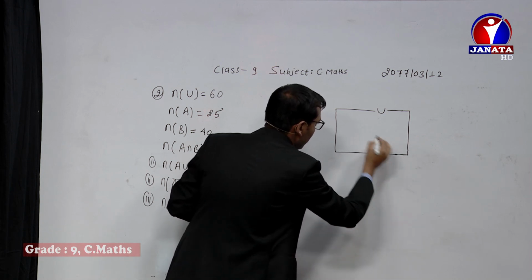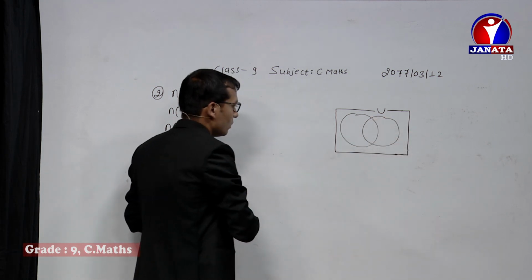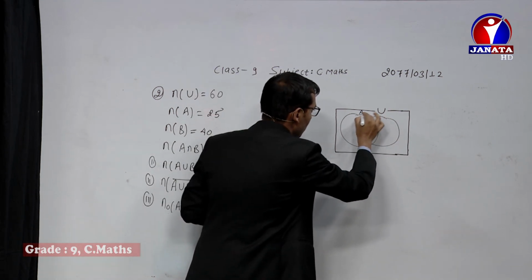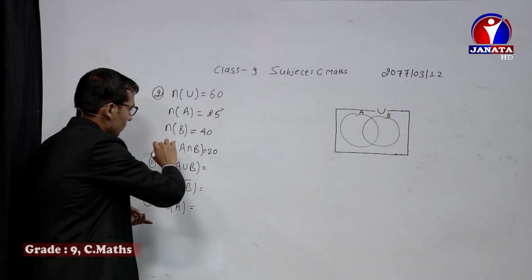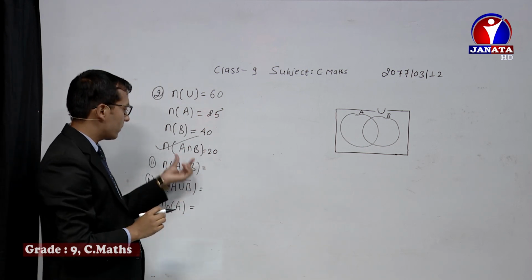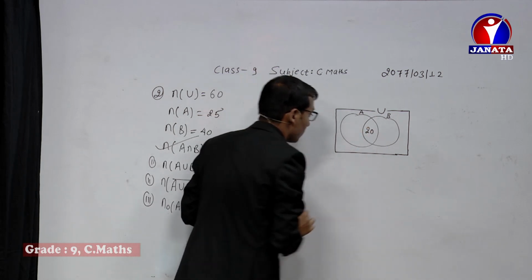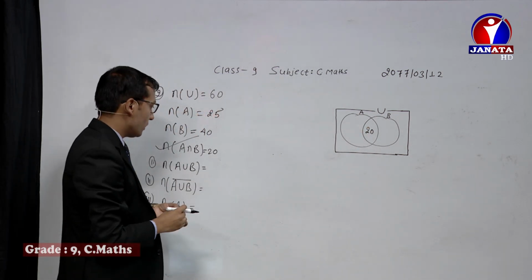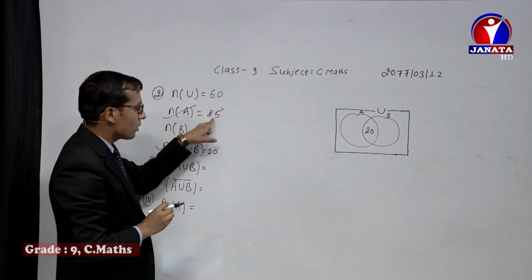Let's draw a diagram, and here are two different subsets A and B. What is the intersection of the two subsets? It's 20. Let's insert this number in the intersecting region. What is n of A? Total n of A is 25.